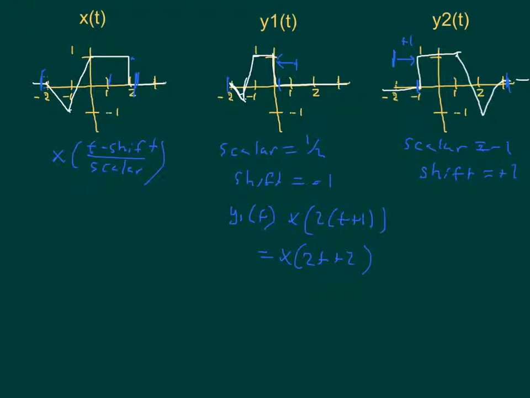And from that, again, using our base equation, we can see that y2 of t is going to equal x of -t minus 1, which is also going to equal x of 1 minus t.